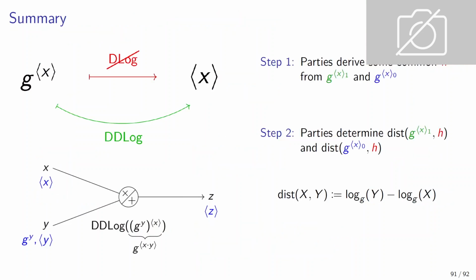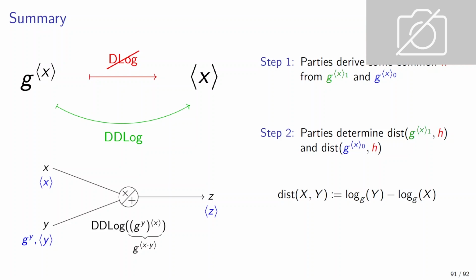Perhaps just to summarize what we've gone over in this intro to the DT log. It's a deterministic algorithm, run completely locally and non-interactive, which allows parties to convert group elements of the form G to some share of X and convert this into fresh shares of X. This allows us to bypass discrete log-based impossibilities in subgroups.